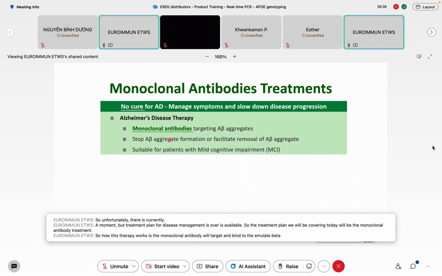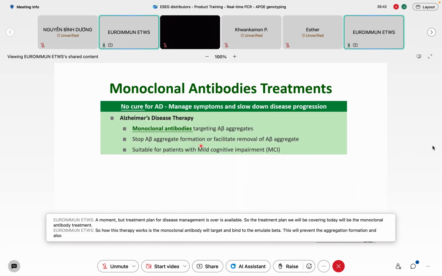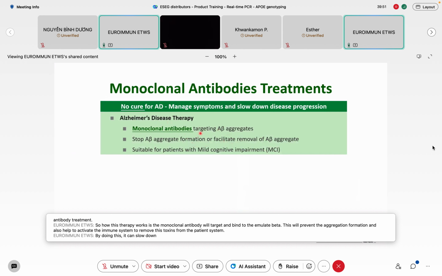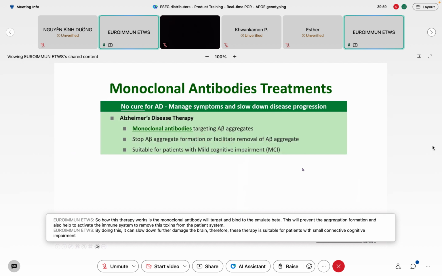This will prevent the aggregation formation and also help to activate the immune system to remove these toxins from the patient's system. By doing this, it can slow down further damage to the brain. Therefore, this therapy is suitable for patients with mild cognitive impairment. So this is actually at the earlier stage of the disease.